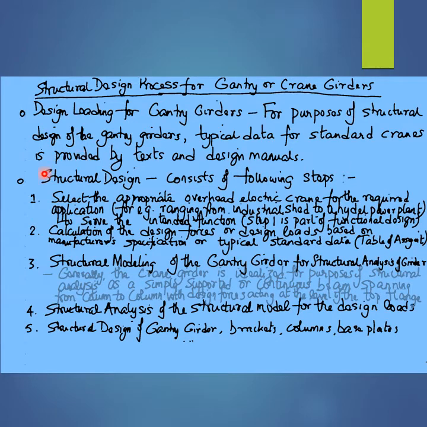Once the appropriate model and the specifications of the overhead traveling crane required for the specific application are selected by the design engineer in step 1 as part of the functional design in the design process for steel gantry girder or steel crane girder.